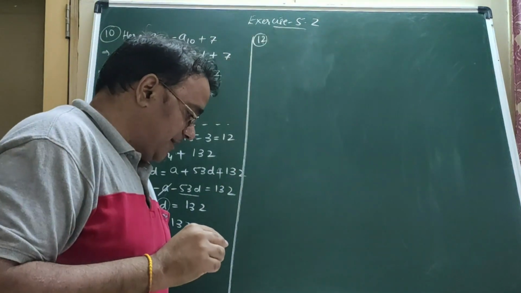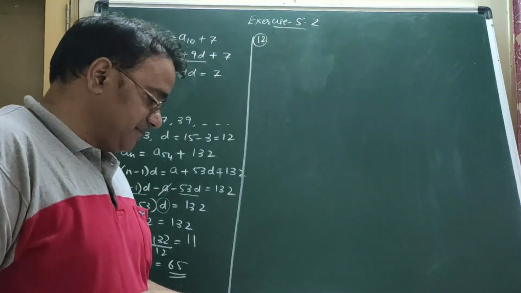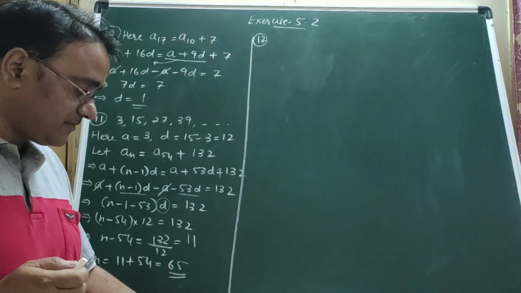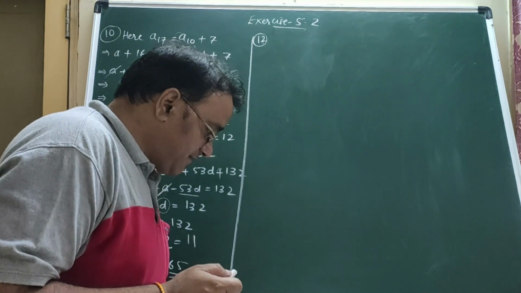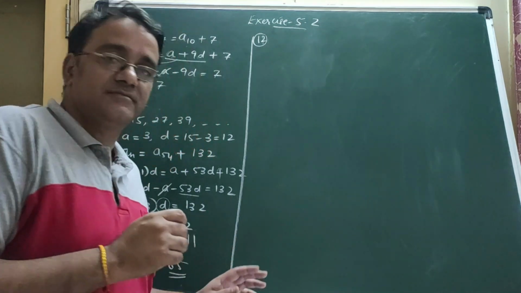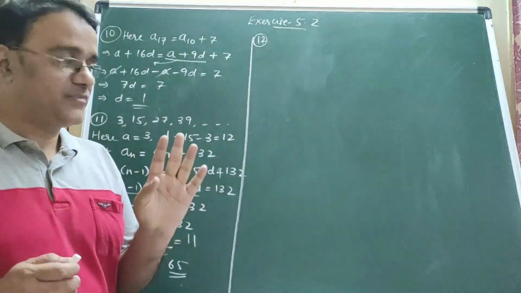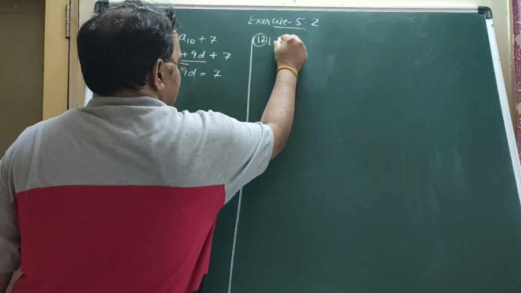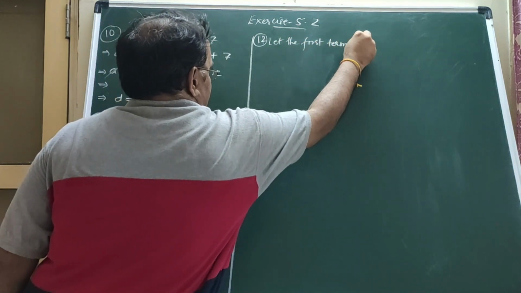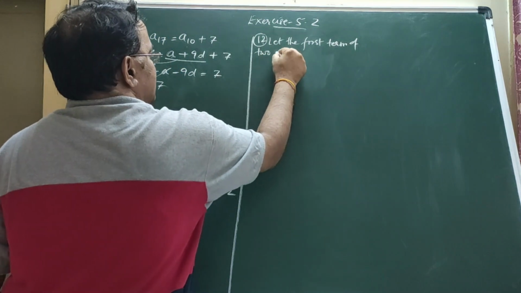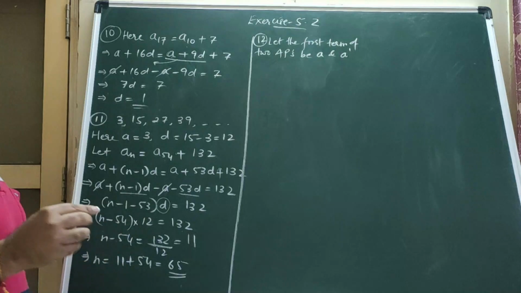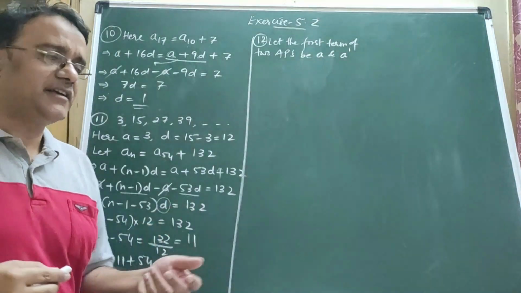12th question. Two APs have the same common difference. The difference between their 100th term is 100. And what is the difference between their 1000th term? ठीक, दो AP है. So let the first term of two APs be A and A dash. एक का A ले लेते और दूसरे का a dash.